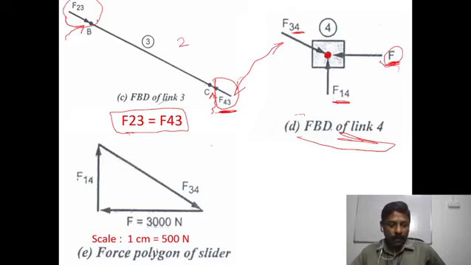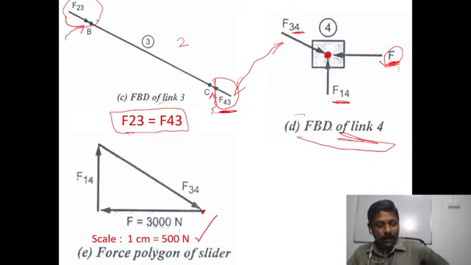To draw the force polygon we take a scale of 1 centimeter equal to 500 Newton, starting from this point. First we draw this horizontal line. Its value is 3000 Newton, and with a scale of 500 Newton, 3000 divided by 500 is 6 centimeter.